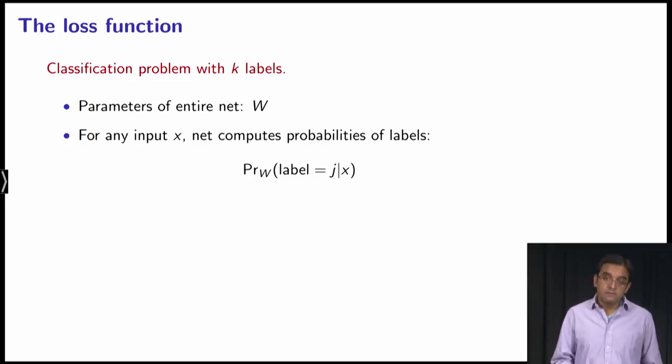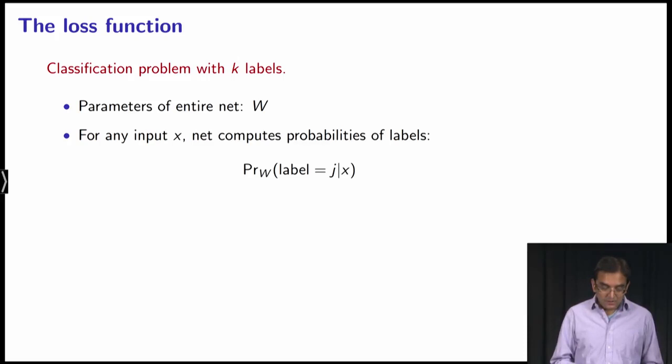Okay? So for concreteness, let's say that we are using the neural net to solve a classification problem in which there are k labels. So in this case, the final output layer will contain k units, one per label. And we saw last time how we can generate probabilities for each label, essentially by having something like multi-class logistic regression at that very last layer, by using a softmax gate.